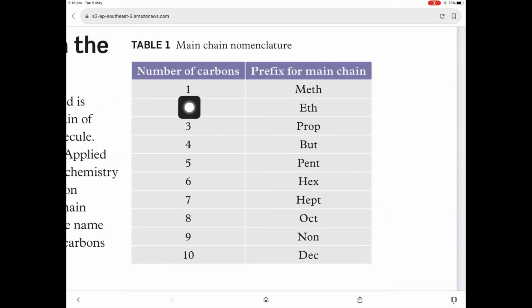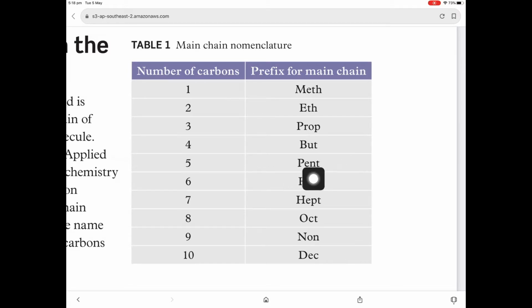If the main chain has only got 1 carbon in it, the prefix for the main chain is meth. If it's got 2 carbons, eth, 3 prop, 4 but, 5 is pent, 6 hex, 7 is hept, 8 is oct, 9 is non, and 10 is dec. So from 5 down, it's pretty straightforward.